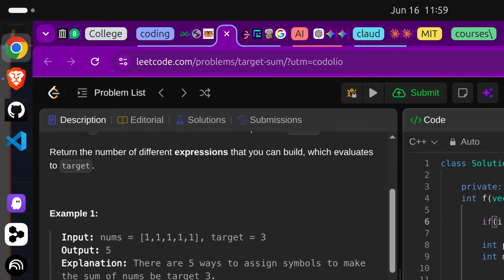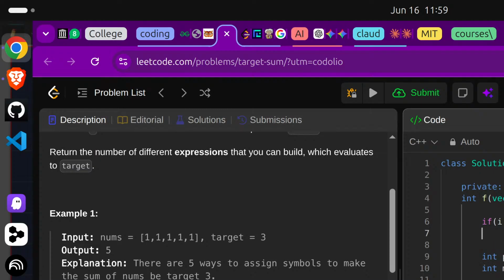Yeah, we were able to achieve that, then we will return 1, right? Return plus comma minus.